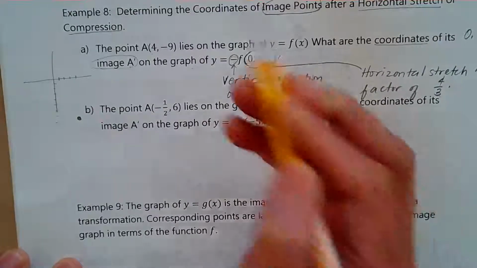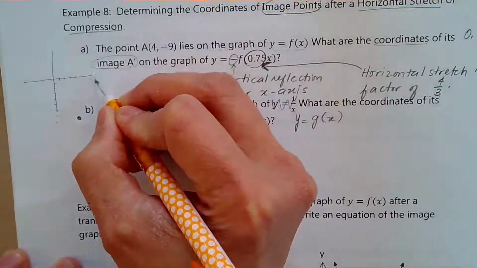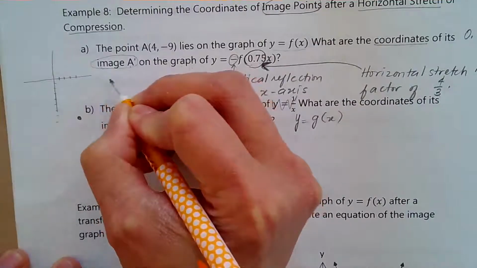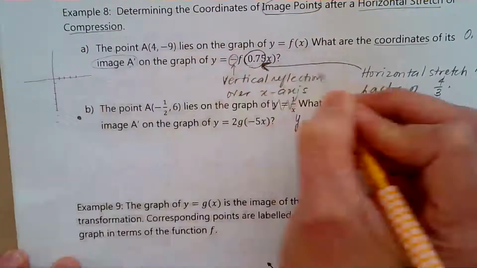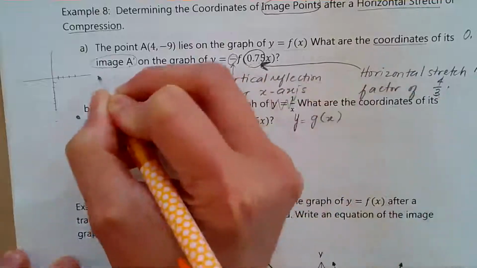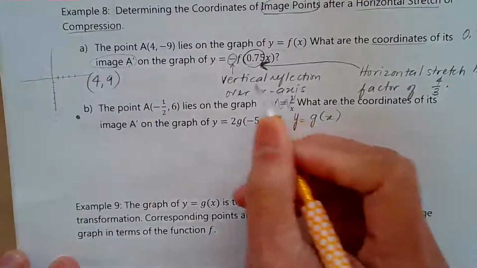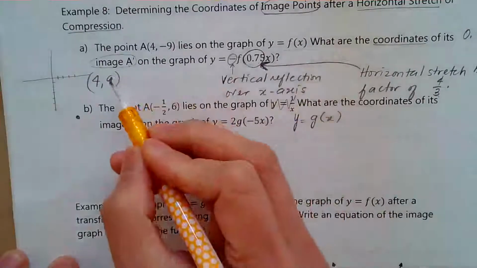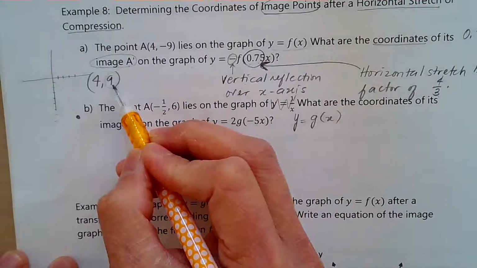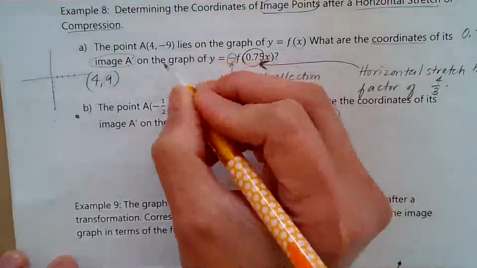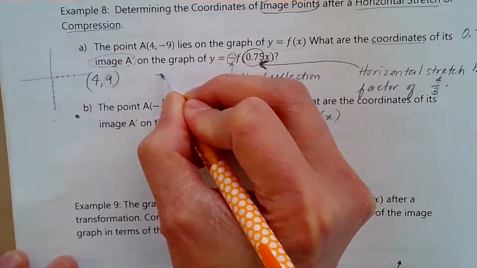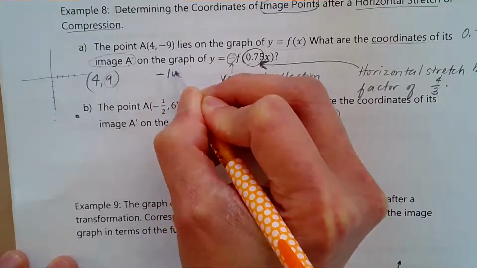The vertical reflection affects the 9, and it's going to be multiplied by -1, so -1 times y.